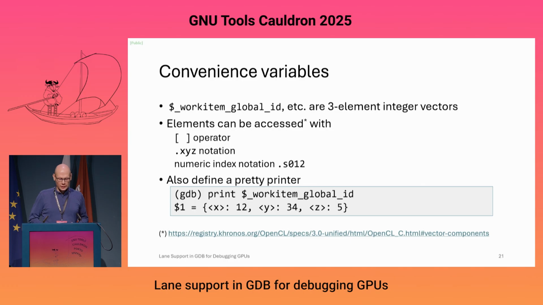So we would like to have these operators, the way to access elements of these vectors, and also define a printer. For instance, if you print work item global ID, then it prints the 3 elements XYZ in the way shown on the slide.